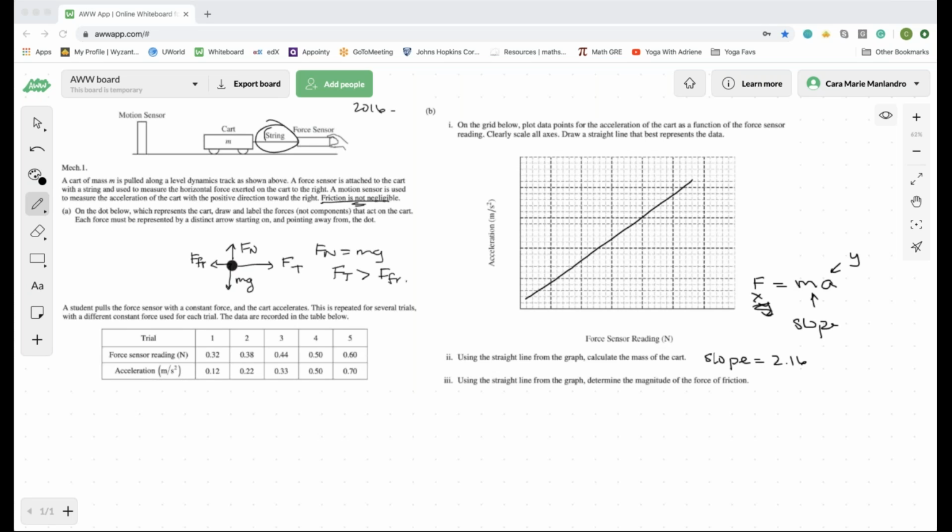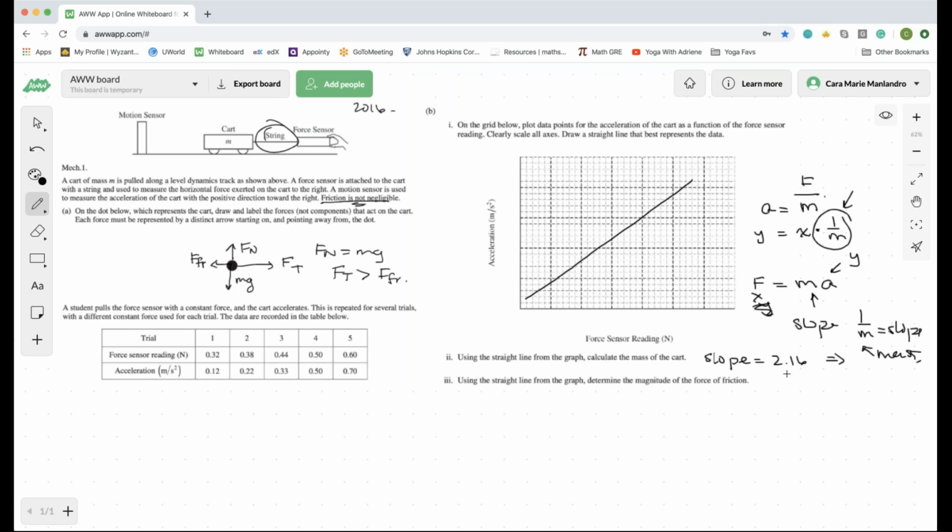So 1 over m is my slope. Let me just rearrange this: a is equal to F over m. So y is equal to x times 1 over m. This is going to be 1 over m is my slope, essentially, where m is the mass. That's what I was trying to get at.